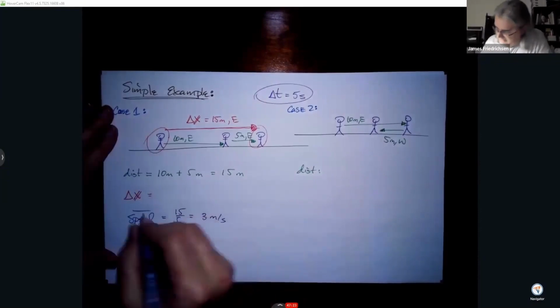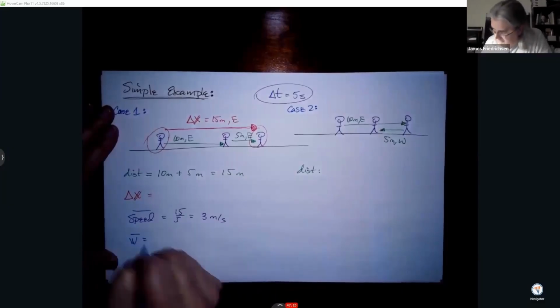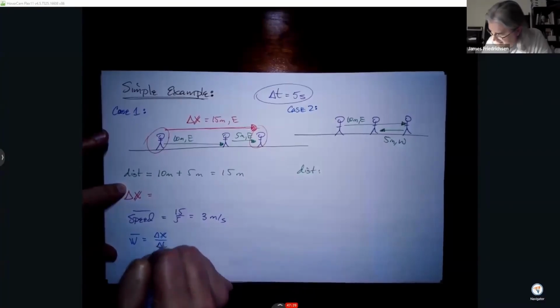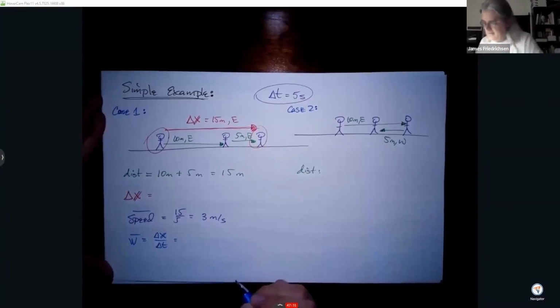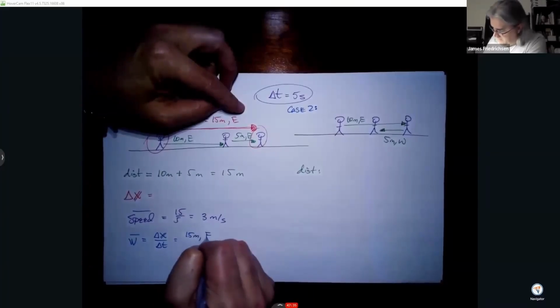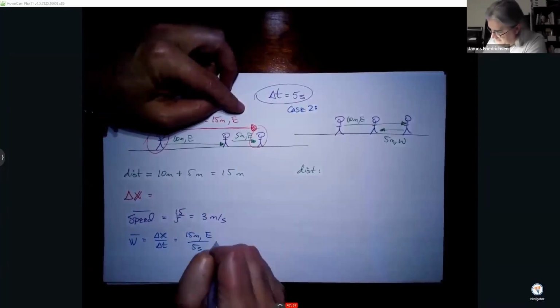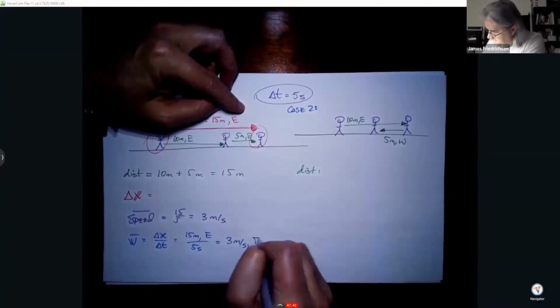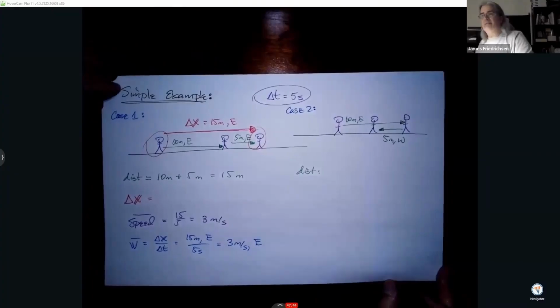And if we want to calculate our average velocity, then it's our displacement vector divided by the amount of time. And so we did 15 meters east. And again, it took 5 seconds. Then what we get is 3 meters per second east.